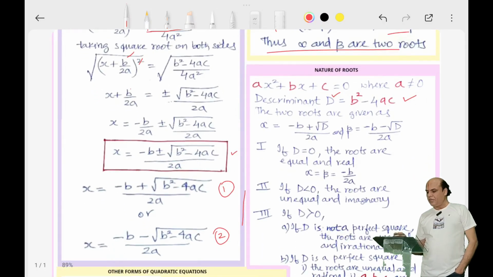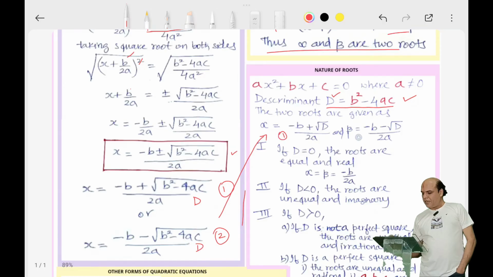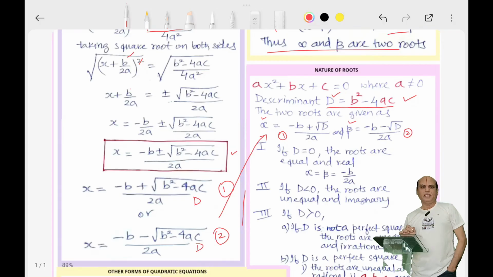Okay. So we have seen earlier, if we can find out what is the discriminant, so one root is given as minus b, see the same thing, instead of b square minus 4ac, you are expressing it as D here. So minus b plus under root of D, this would be first root, and minus b minus under root of D, this would be second root. And it's a convention to denote the roots with the Greek alphabets alpha and beta.